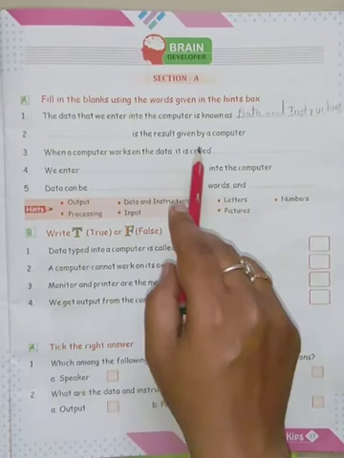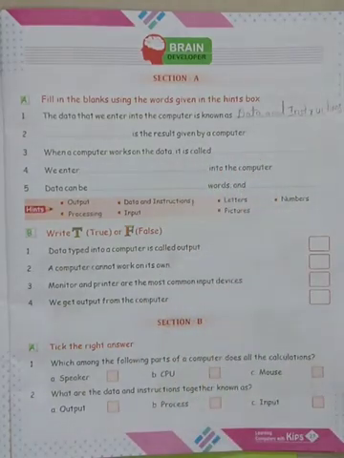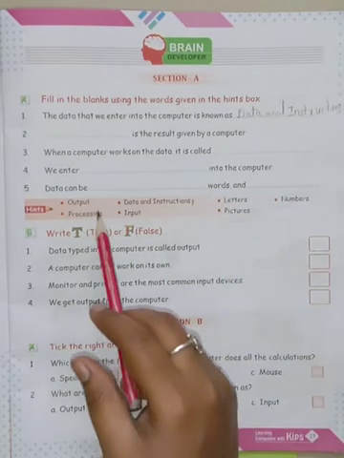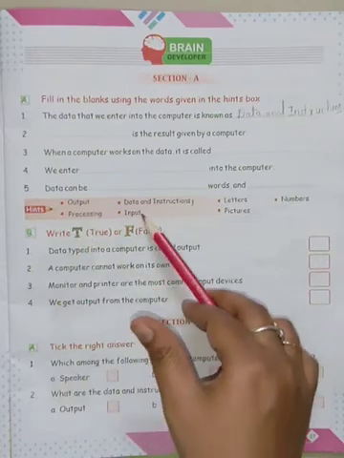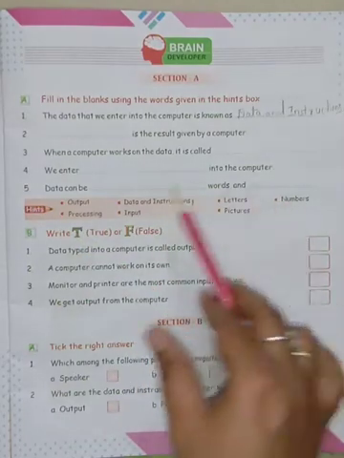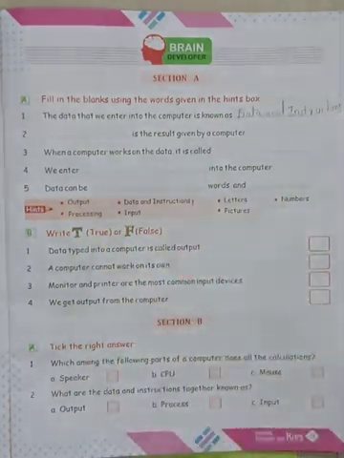Dash is the result given by a computer. What is the result? What exactly do we call the result, whatever we get? There is another name for the result. What is that other name of result? Is it output, data and instruction, letters, numbers, processing, input, or pictures?